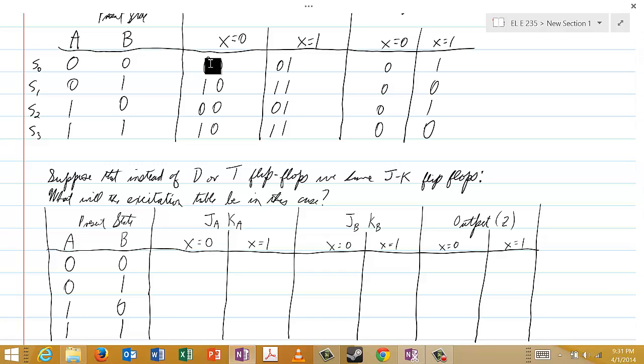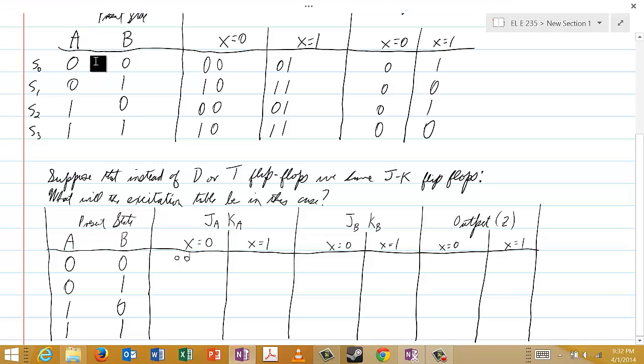How can we go from a present state of 0 to a next state of 0? Well, there's two ways that can happen. One way would be if we had 0, 0. Because remember, when a JK flip-flop has J and K both equal to 0, then the output will stay the same. And in this case, that is what's happening.